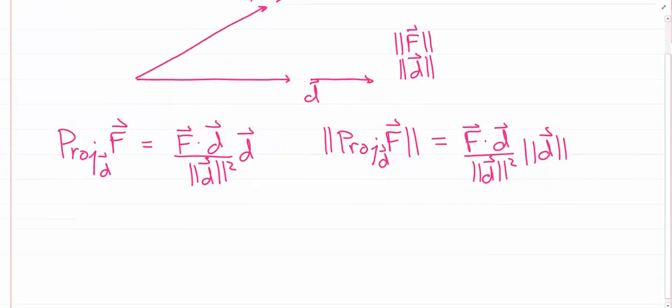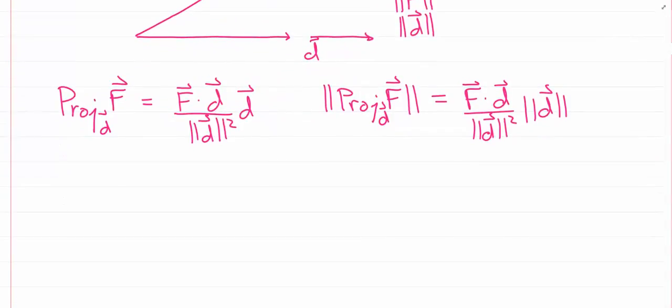If you go along with this, you're going to see that this is really F dot D over the magnitude of D, because this D gets rid of that, right? Now this represents the magnitude of the force going in the direction of displacement. Well, if we want to know what work is, just take the magnitude of the force going in the direction of the displacement and multiply it by the magnitude of displacement, right?